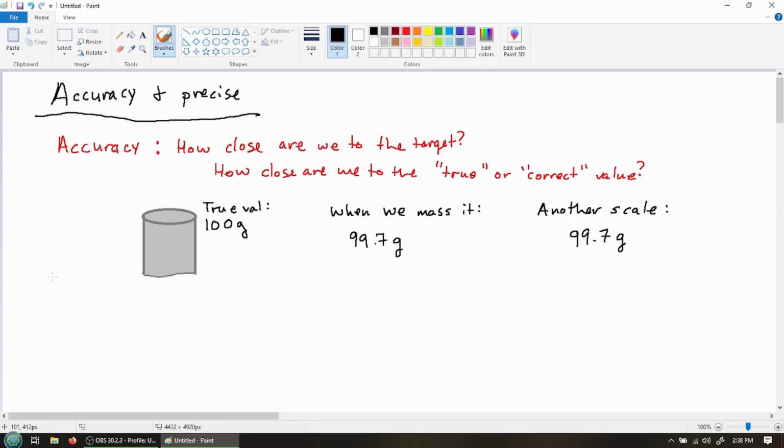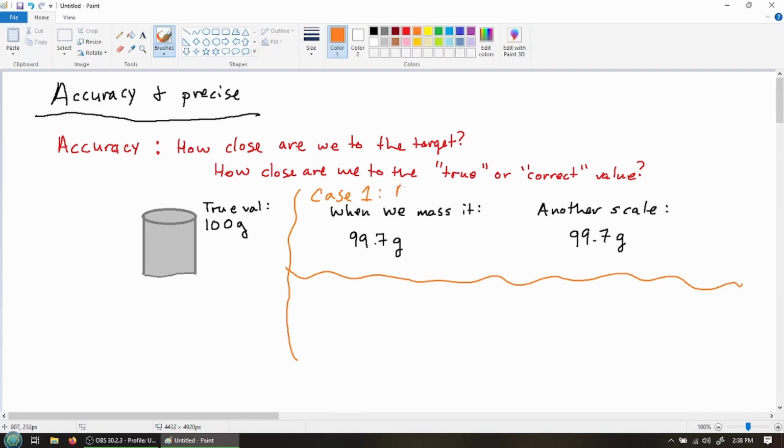Now, if we got that from the manufacturer and we massed it on one scale, right? So let's do this. I'm going to draw a little divider in for us here, and we'll label these as different cases. So, case 1.